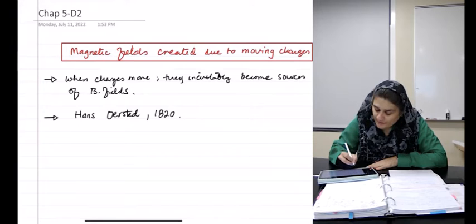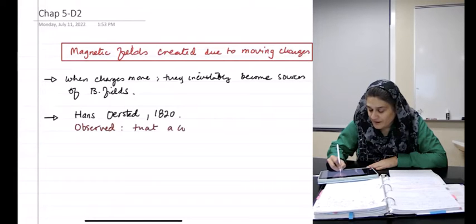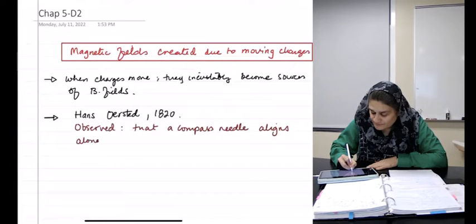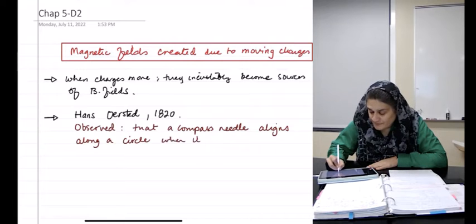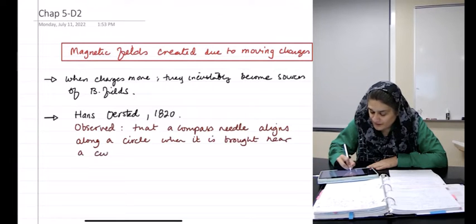He observed that a compass needle aligns along a circle when it is brought near a current carrying wire.